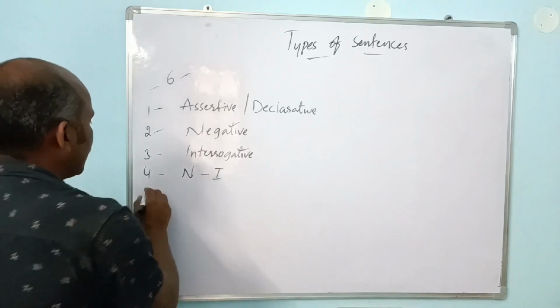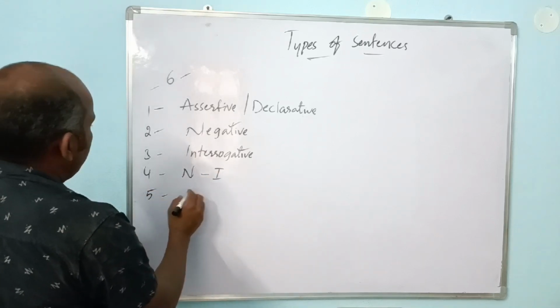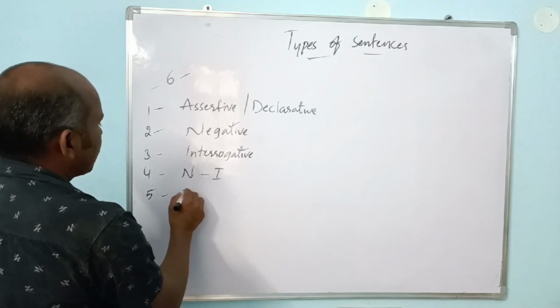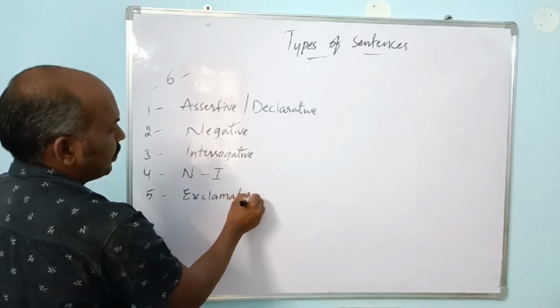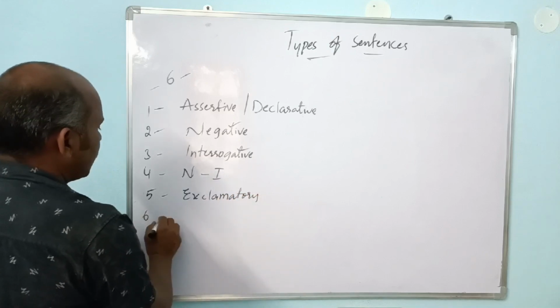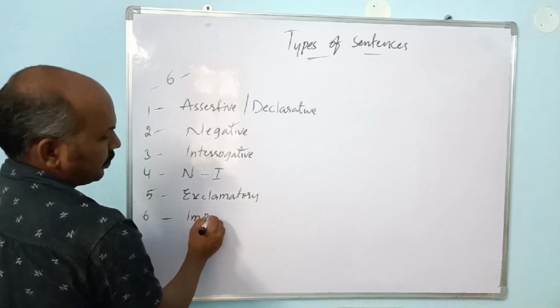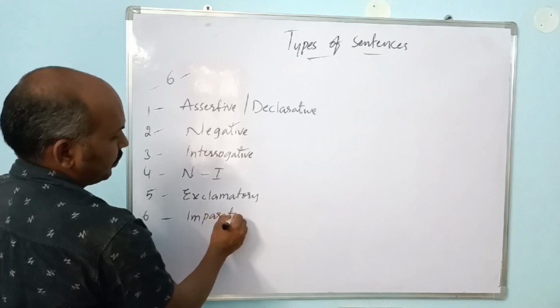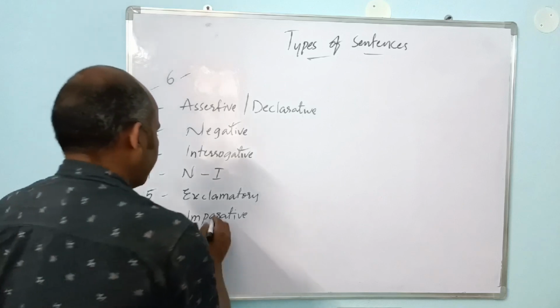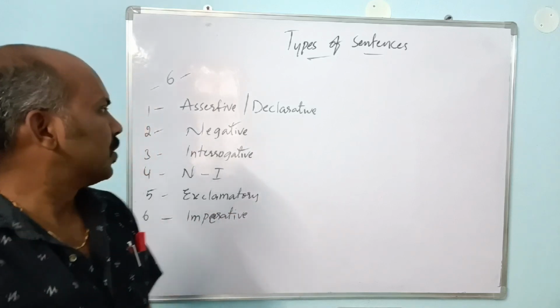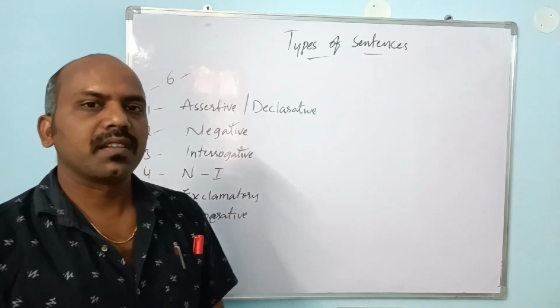Right? And number 5 exclamatory. And number 6 imperative. Imperative sentences. So these are the 6 types of sentences.